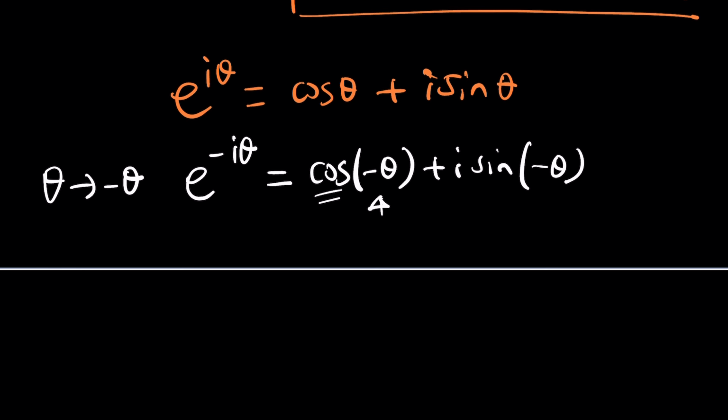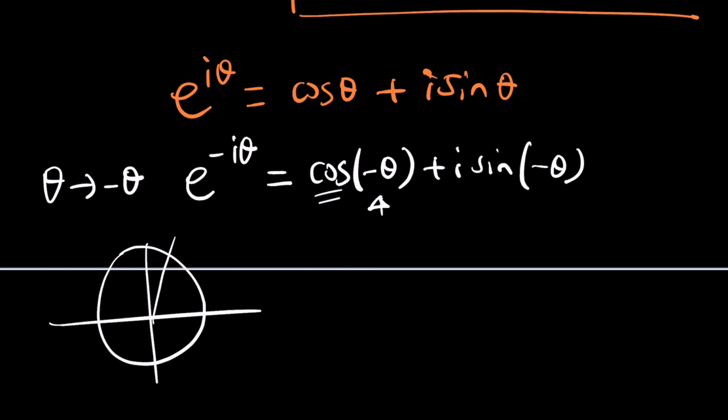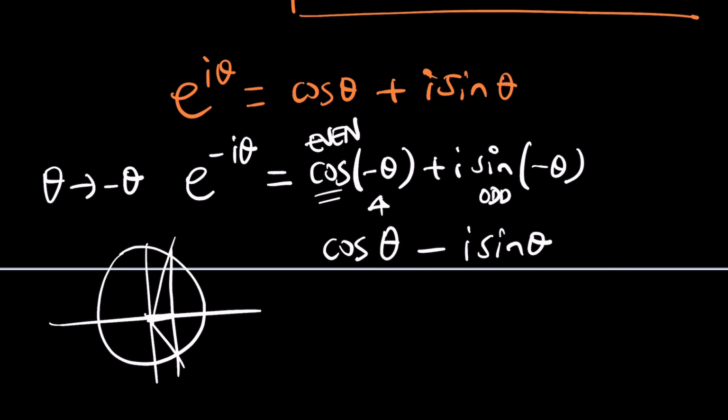If you think about the unit circle, first and fourth quadrants, if you negate an angle, you get the same cosine. Easy, right? Hopefully you know that. Now with the sine though, it is odd. So sine is odd, cosine is even. And odd functions basically just spit out the negative, like x cubed is an odd function, isn't it? Okay, so it's going to look like this then. This is going to be cosine theta, but this is going to be minus i sine theta. Figure out or think about why.